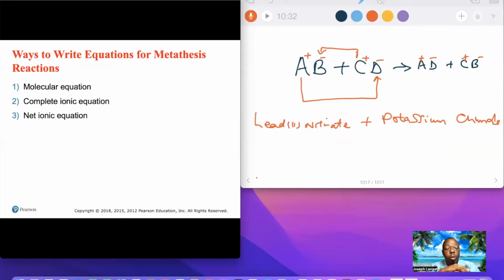We have what we call the molecular equation, which up to this point is what we have just been balancing. We will look at the special type of equation we call the complete ionic equation, and then how to write the net ionic equation. The way this has been presented, you will be working your way toward the net ionic equation starting from the molecular.